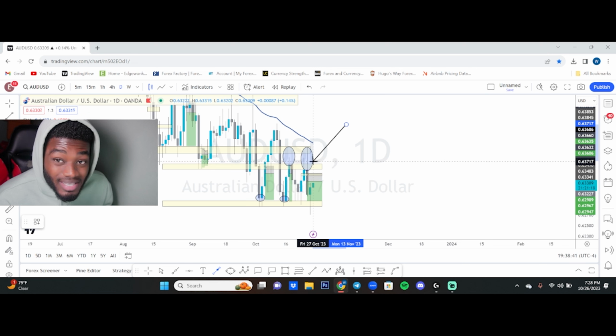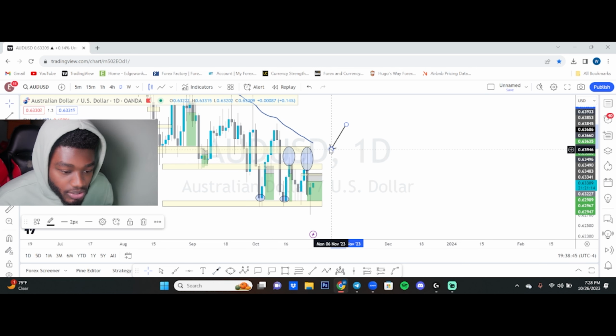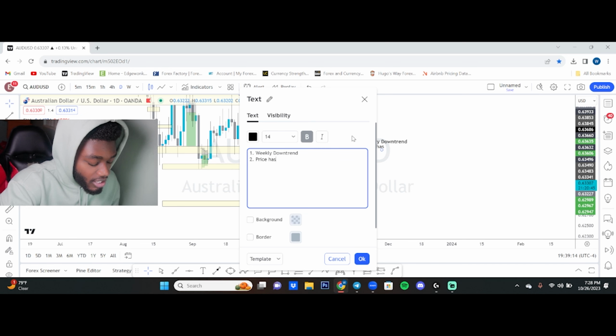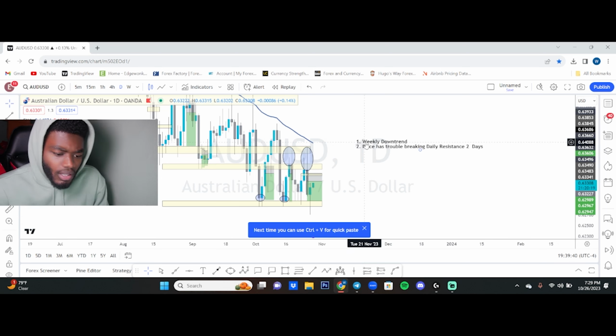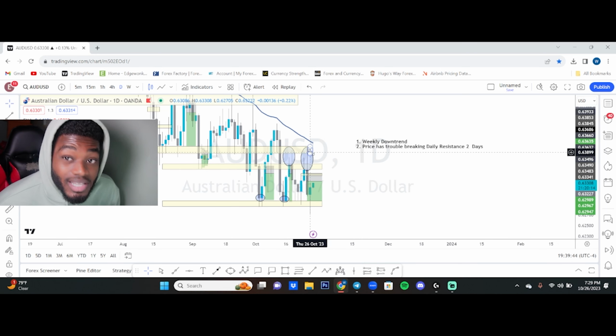So number 2, price has had trouble breaking this area of resistance 2 days back to back in a row.